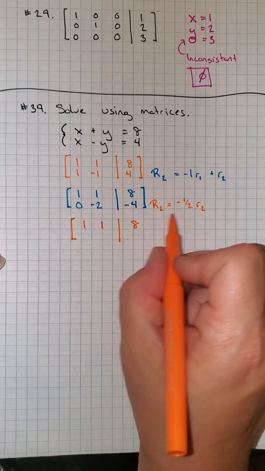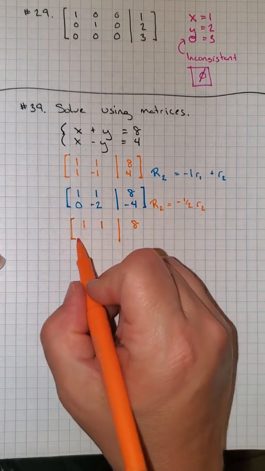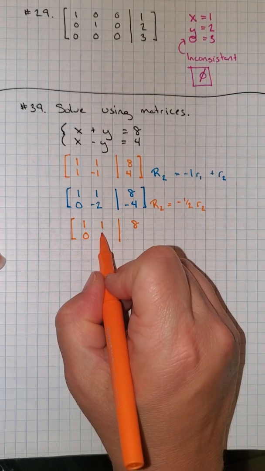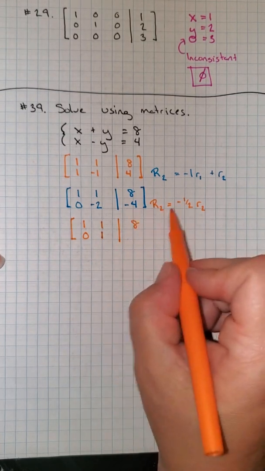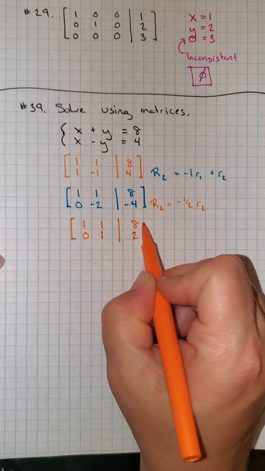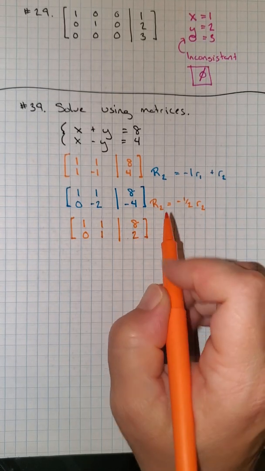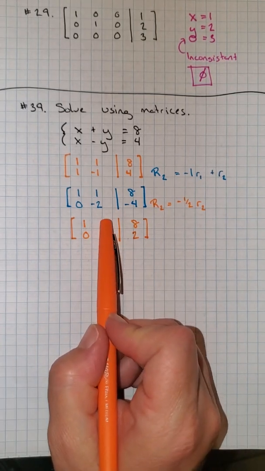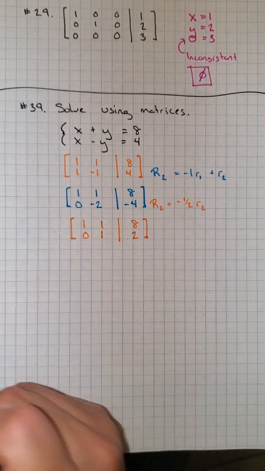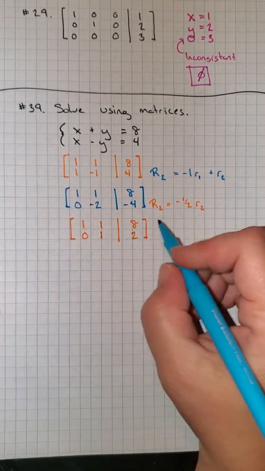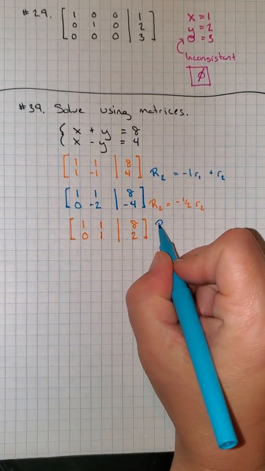Okay, 0 times -1/2 is still 0. -2 divided by -2 is 1. -4 divided by -2 is 2. All right, so we're good there. But now we just need this to be a 0. We know y is 2, actually. But we need to change row 1 now.